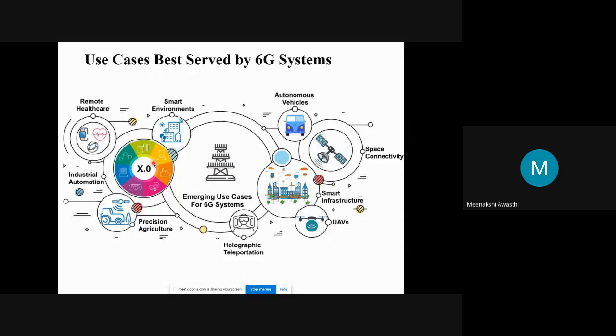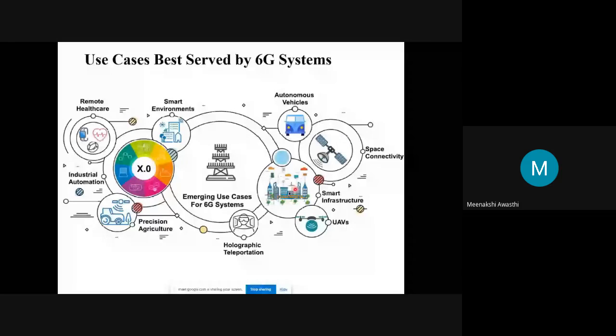Importantly, we can directly get from the picture Industry 5.0, which is industrial automation, then space connectivity, then smart infrastructure.